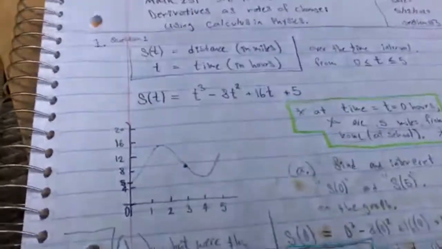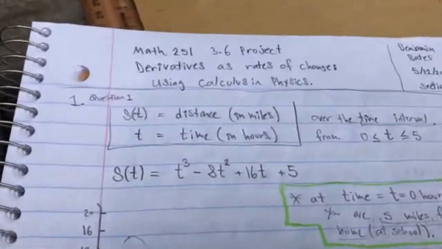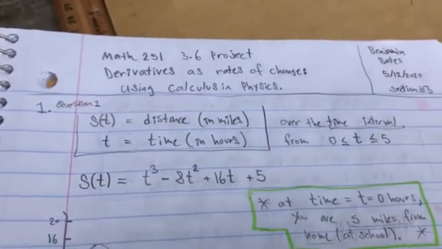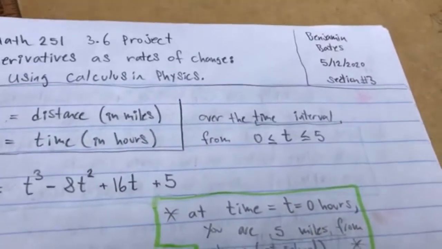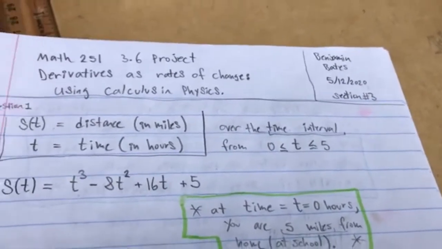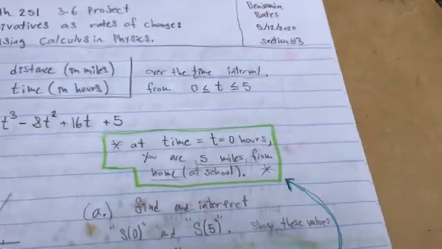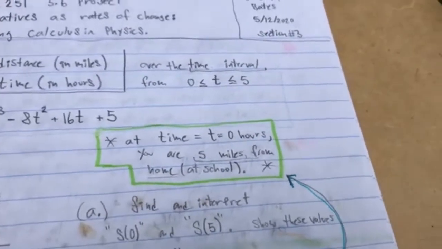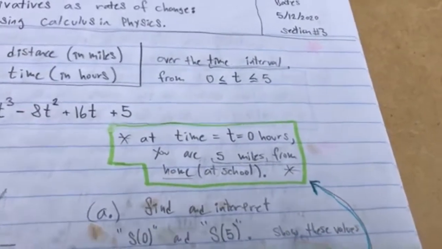So let's come over here. s of t is distance in miles, and t is time in hours, and we're looking at the graph over the time interval 0 is less than or equal to t, and t is less than or equal to 5. Once again, s of t is equal to this. At time t equals 0 hours, you're 5 miles from home, you're at school.